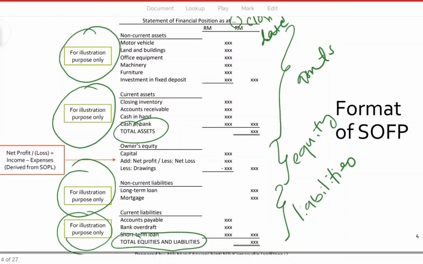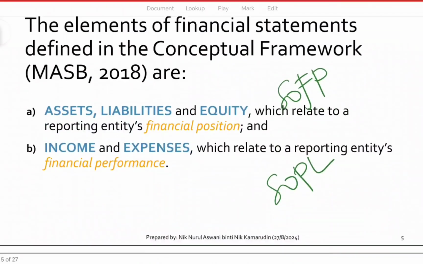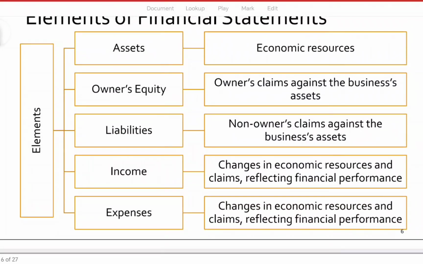So the amount of total equities and liabilities actually shows the amounts of owner's and non-owner's claims against the asset above. While income and expenses show changes in economic resources and claims, reflecting the financial performance.